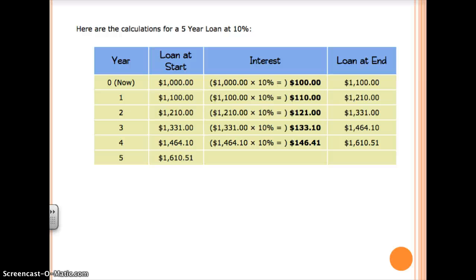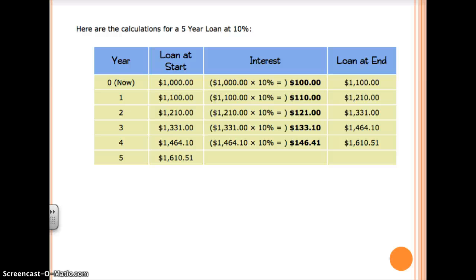Now you have to take 10% of $1,100, which increases your interest to $110, add that to the start of the year loan, which is $1,100, for a total of $1,210. Carry that over to be the starting amount, take 10% of $1,210, add that new interest amount to the previous total to get $1,331. So you can see that we're growing every year.